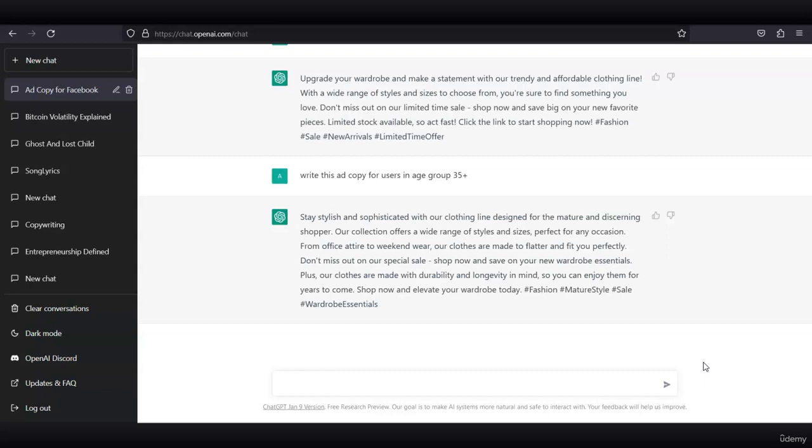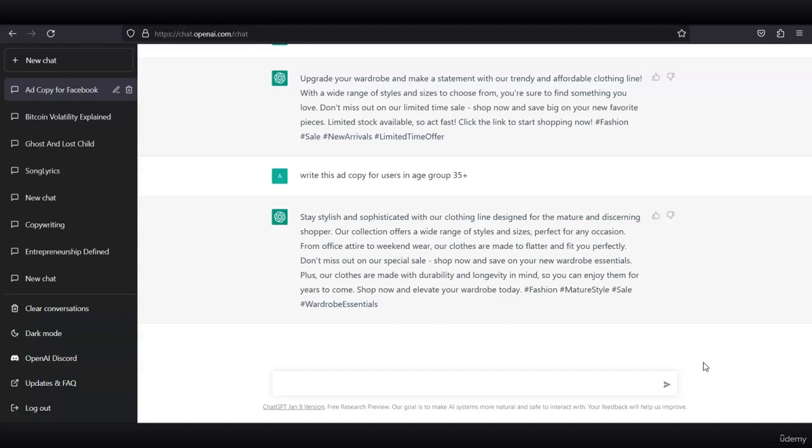And Facebook lets you do that. You can target by demographics, by age, by location, and so on. For this example, I used the age group 35 plus. That is why ChatGPT changed the ad copy and didn't use as much slang language, and it targets specifically the people in this age group.